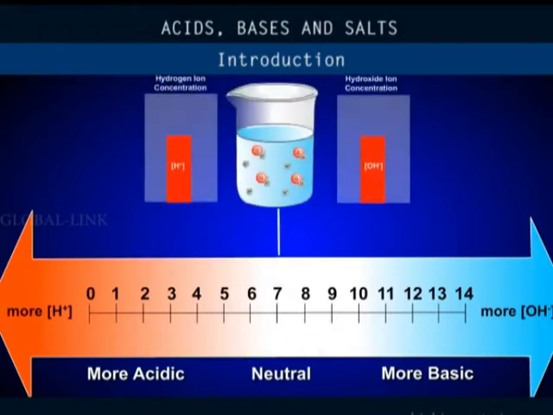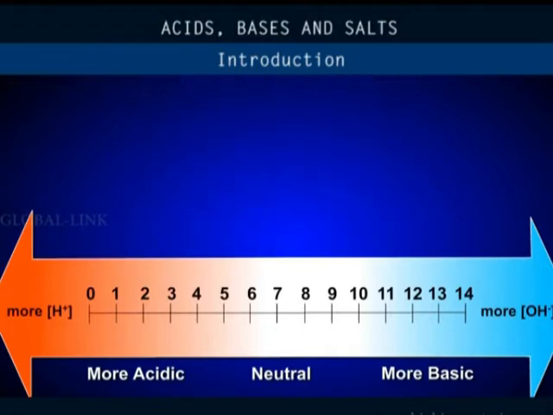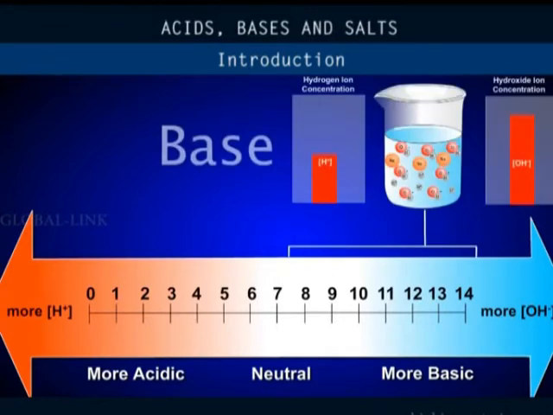When a substance has a pH of 7, like water does, it releases an equal concentration of hydrogen ions and hydroxide ions. When a substance has a pH greater than 7, it is classified as a base and releases a greater concentration of hydroxide ions.